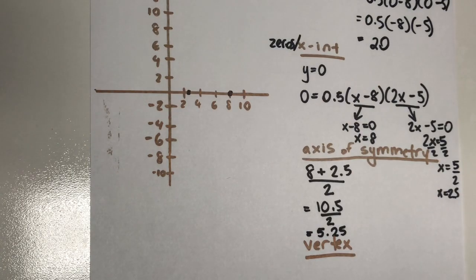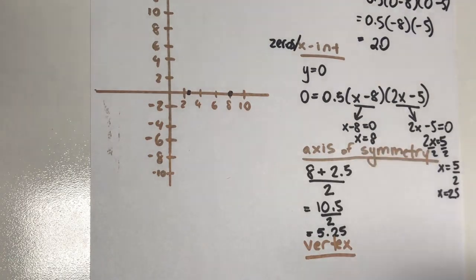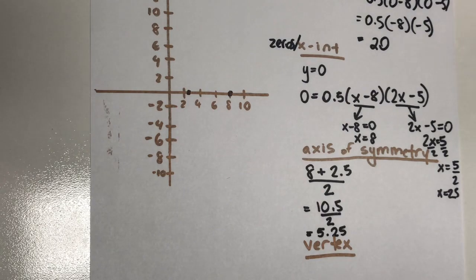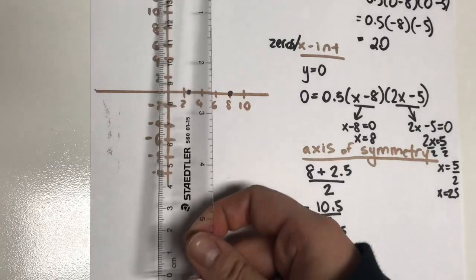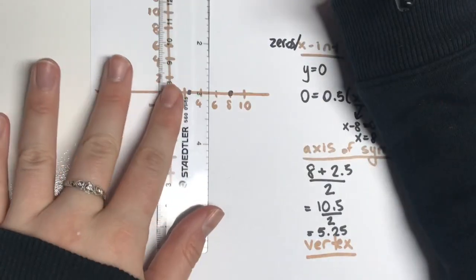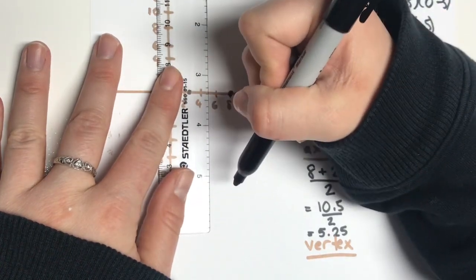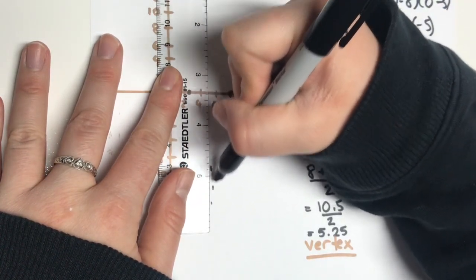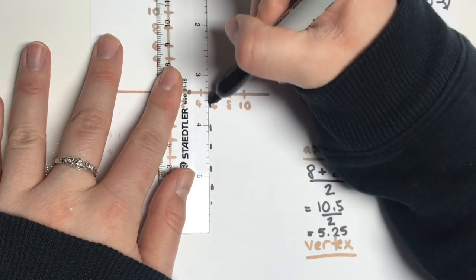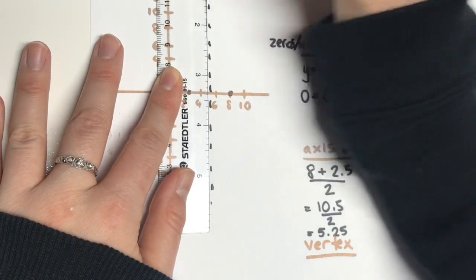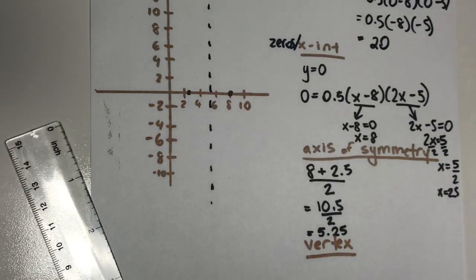That means it's an entire line going along 5.25, somewhere here-ish. That's why I was saying earlier it's just a rough sketch, especially if your scale is like this. I was trying to get it all to fit. This is my axis of symmetry.